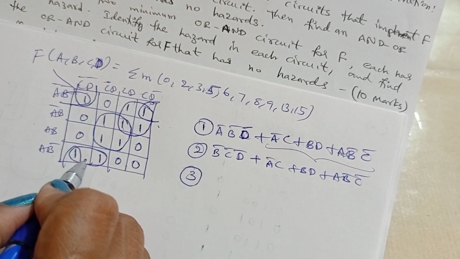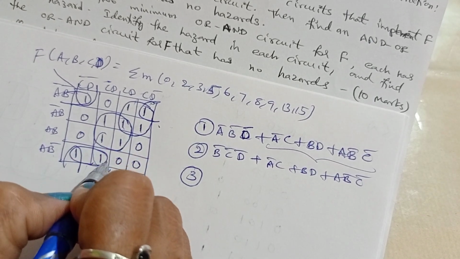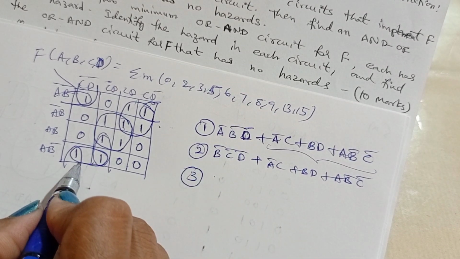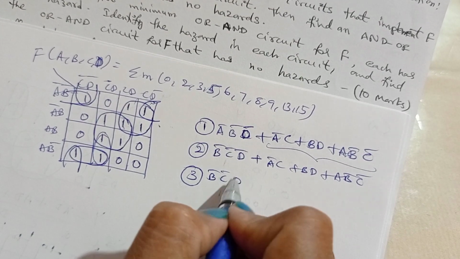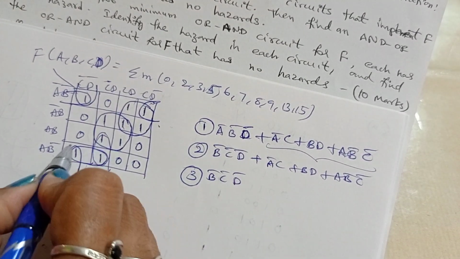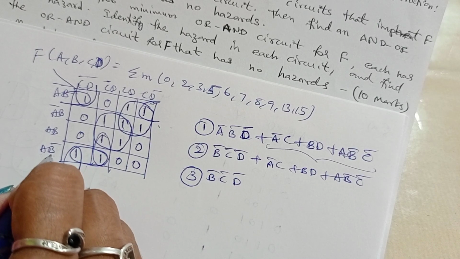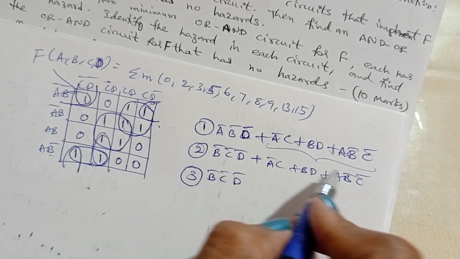Suppose instead of pairing these two, if you pair these two, we'll get one more SOP. That is B bar, C bar, D bar is constant. Before what we got is A, B bar, and from this C bar, A, B bar, C bar.